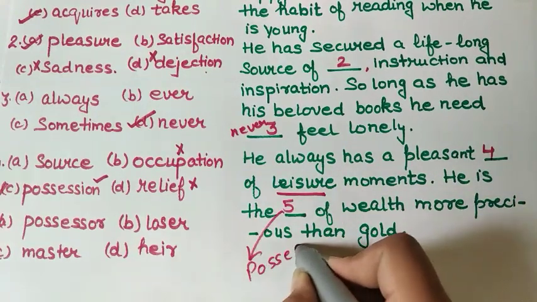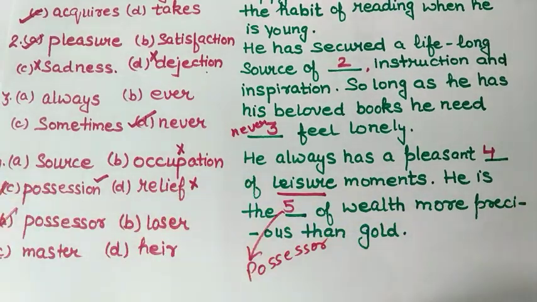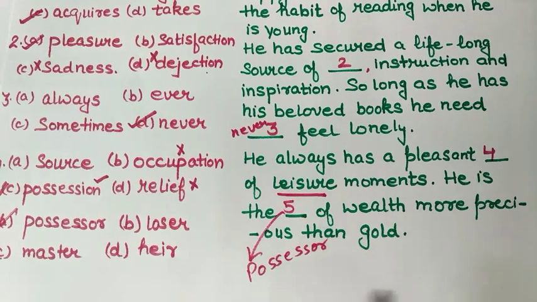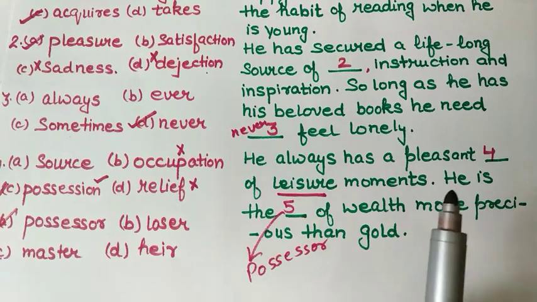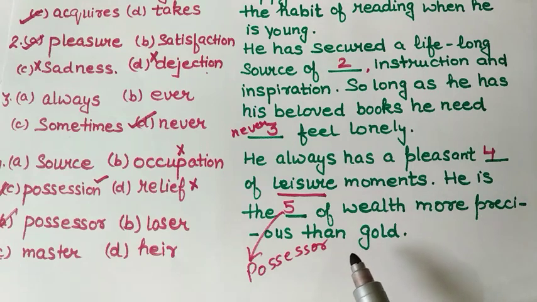Possessor means a person who owns or has something. So if somebody has a habit of reading, he is the possessor of wealth more precious than gold. It means reading is considered more precious wealth than gold here.